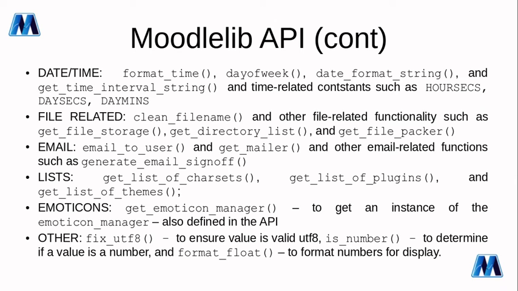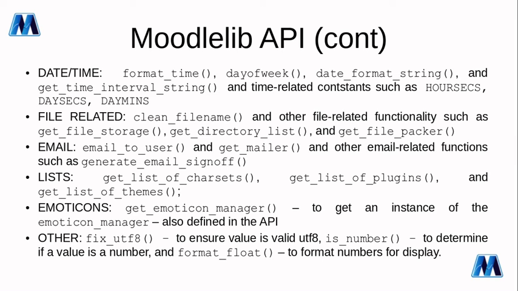Then you can also get some lists, so you can get the list of character sets and plugins and themes, etc. And you can work with emoticons by getting the emoticon manager and then calling the methods in that particular class.